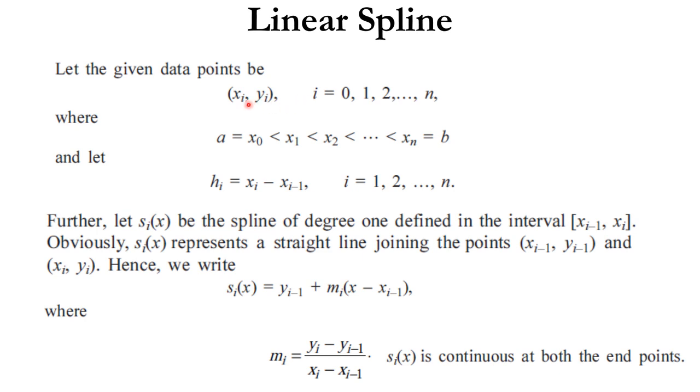So we'll go to linear spline interpolation: what it is and how it is formulated, with an example. We are given a set of n plus 1 points xi, yi, where i is from 0 to n. The spacing between the x values is represented by hi, where hi is equal to xi minus xi minus 1.